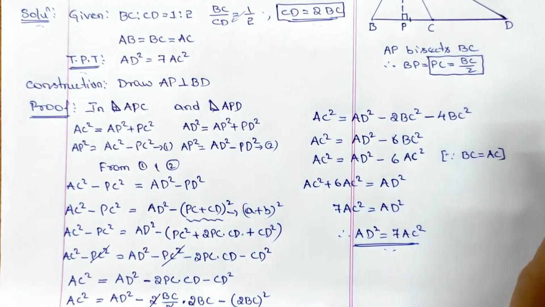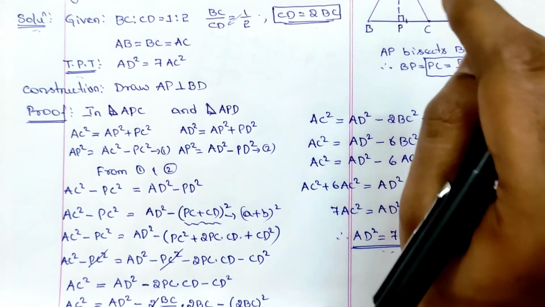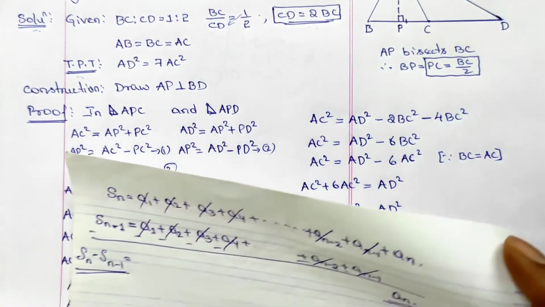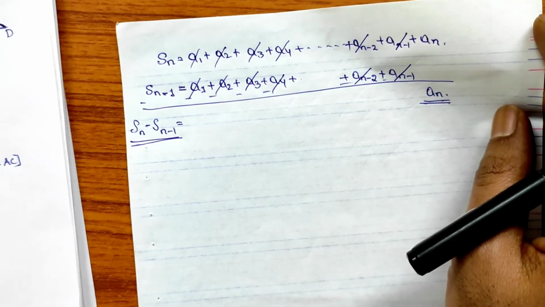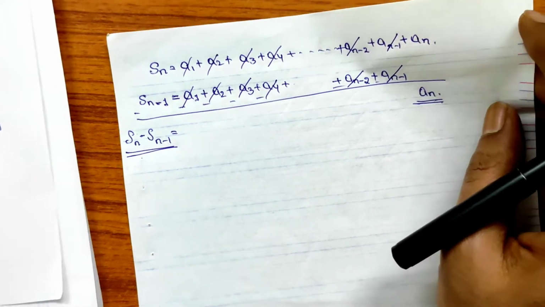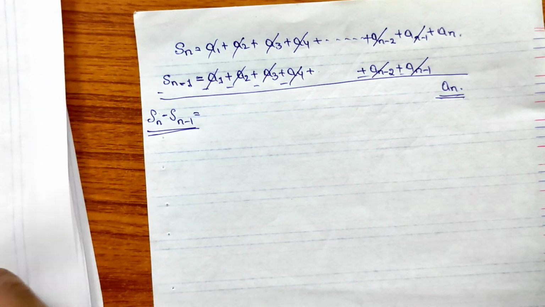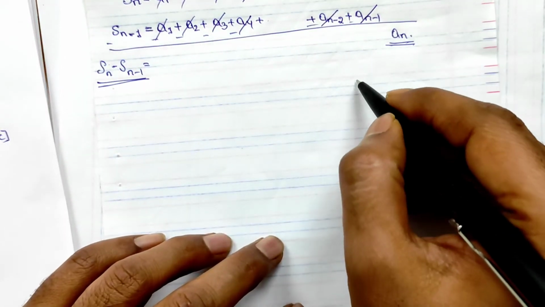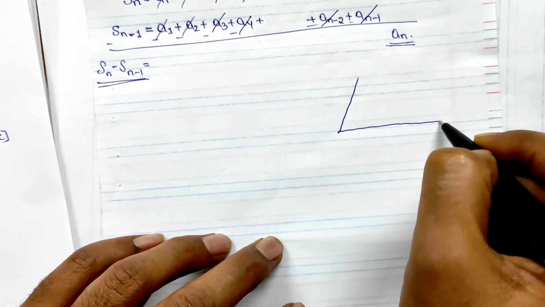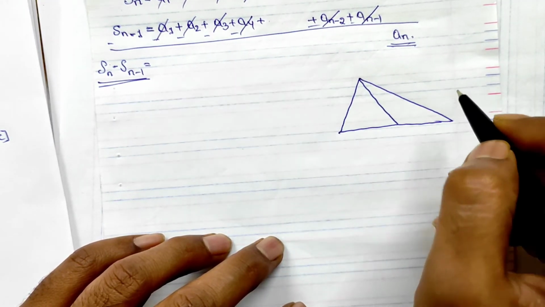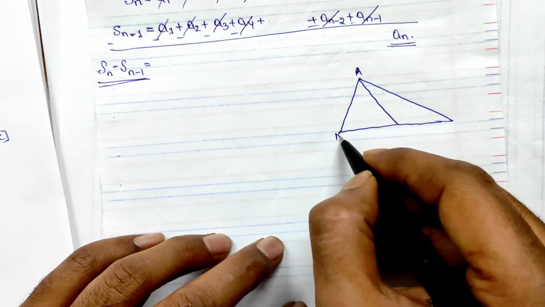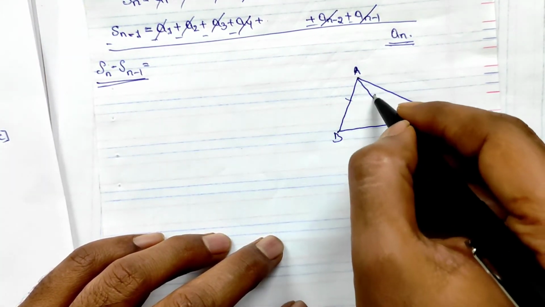We can also prove this question by using trigonometry. Because ABC is an equilateral triangle, it is given that ABC and D form an equilateral triangle.